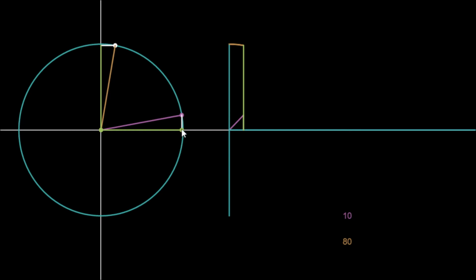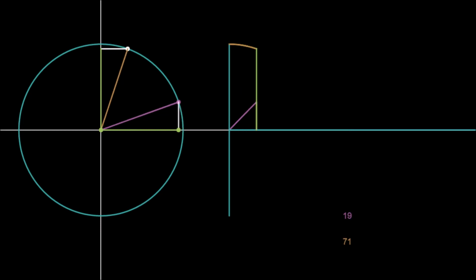When we do this, the vertical distance in white here becomes the horizontal distance. And the horizontal distance in green here becomes the vertical distance on this one. So let's move it to another angle, and you can see that happening at, say for example, 20 degrees. Again, the vertical distance becomes the horizontal, and the horizontal becomes the vertical.